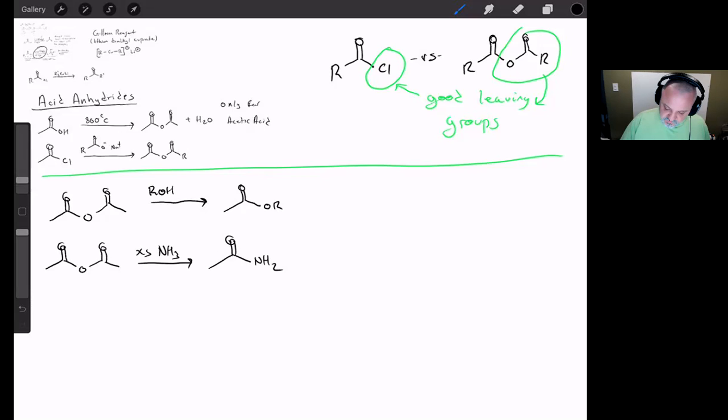Of course, this same reaction is true with monosubstituted ammonia, or primary amines would probably be a better way to describe it.